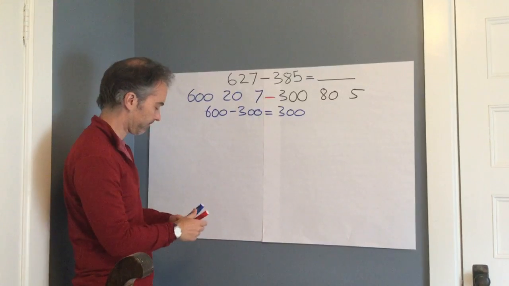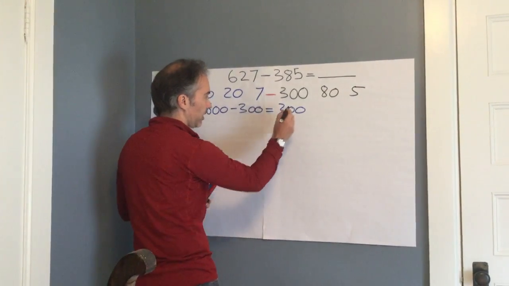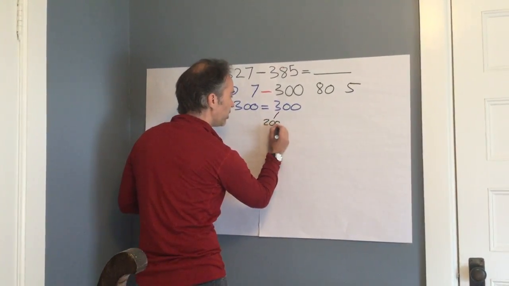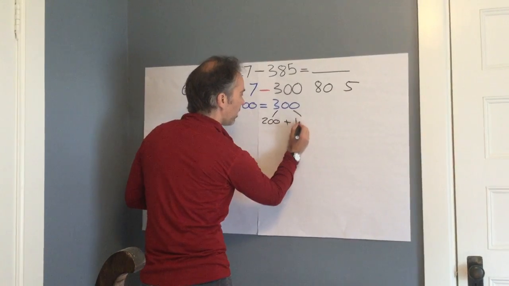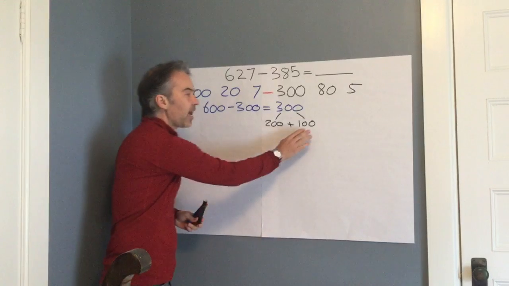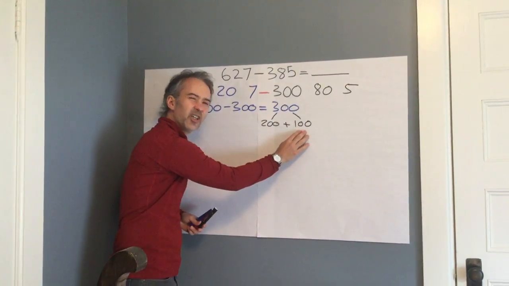Well, what I'm going to do is I'm going to look at my 300, and I know that 300 I can change into 200 and another 100. What could I do with this 100? Who could I give this 100 to?